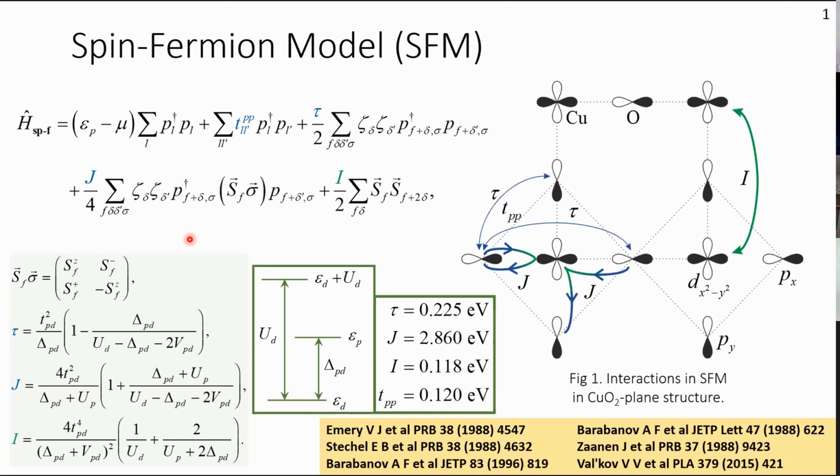These parameters for the 3-band PD model were found from experimental data. In this theory, we have only one setting parameter, the tunneling integral TPP. All the other parameters we calculate from the parameters of the 3-band PD model.